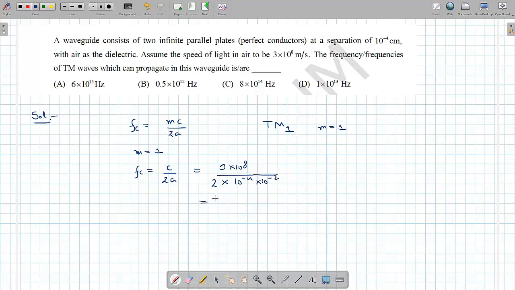So this will become 1.5 into 10 raised to power 16. Right? 10 raised to power minus 4 centimeter. So that is going to become 1.5 × 10 raised to power 40.